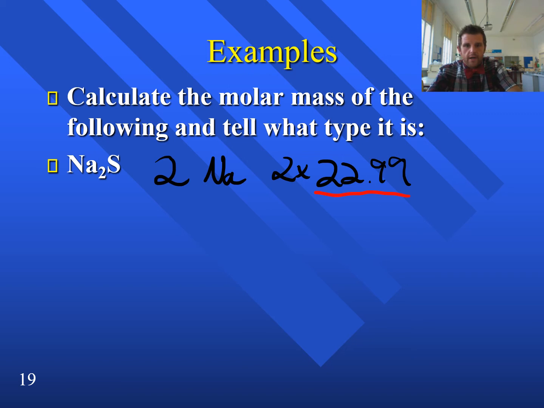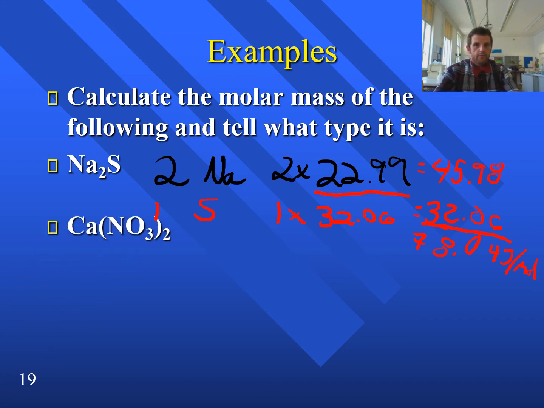And then I have 1 sulfur, so 1 times 32.06. I should end up getting 45.98 for this one and 32.06. And then add them up. This will give me 78.04 grams per mole.